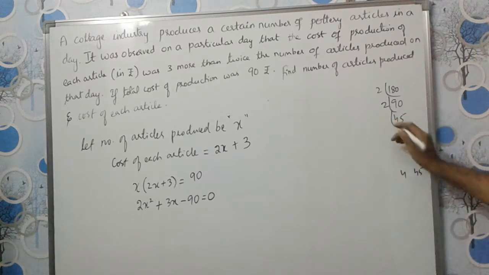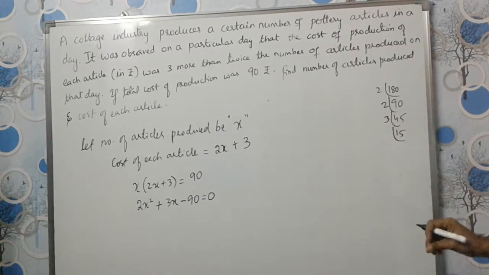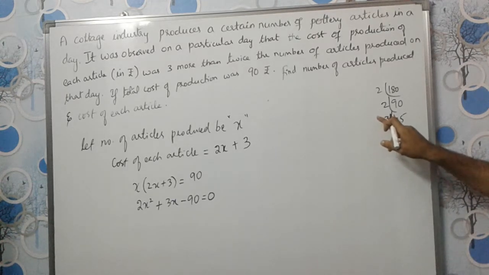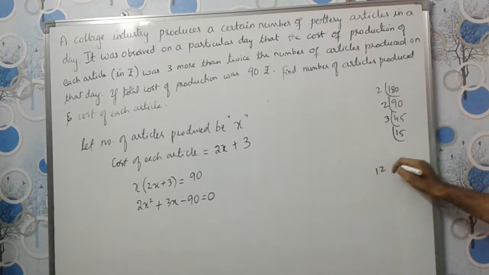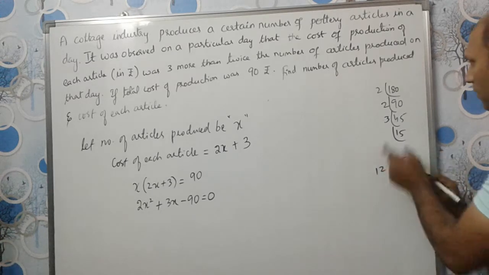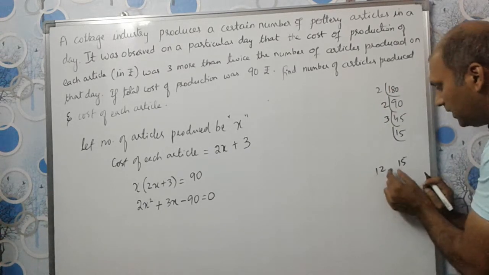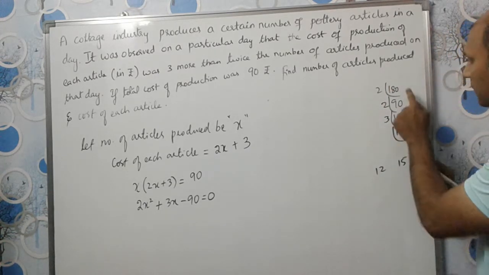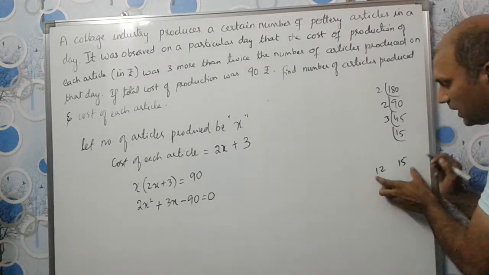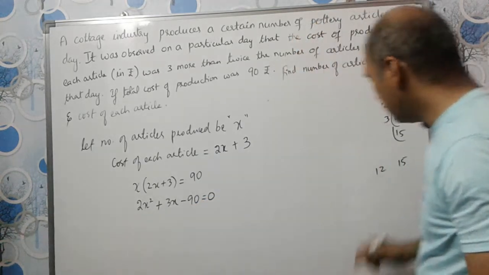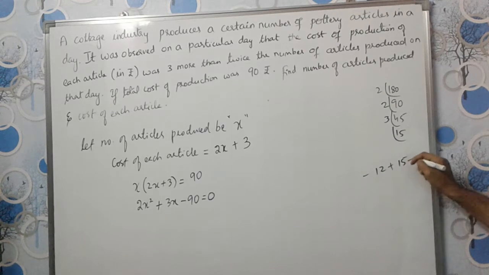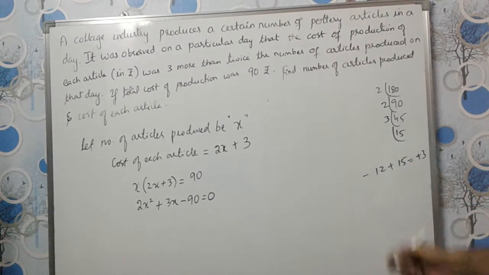No. Alright, then 12 and 15. Yes, the factors of 180 are 12 and 15. If we multiply 12 and 15, we get 180. And how can we write 12 and 15 to get the middle term? Minus 12 plus 15 is equal to plus 3.